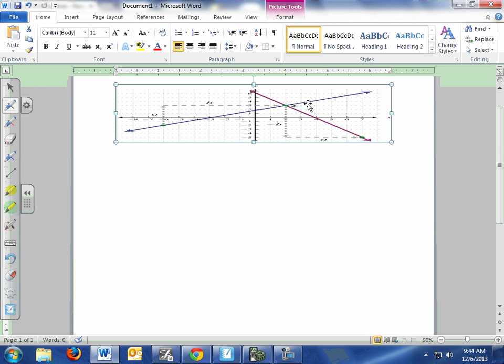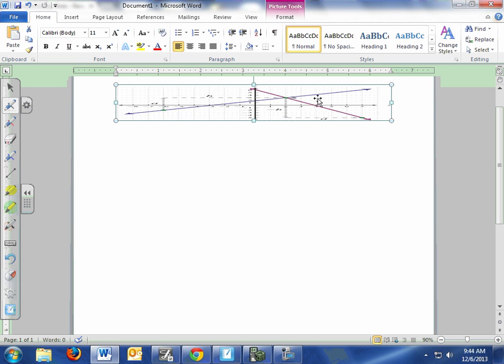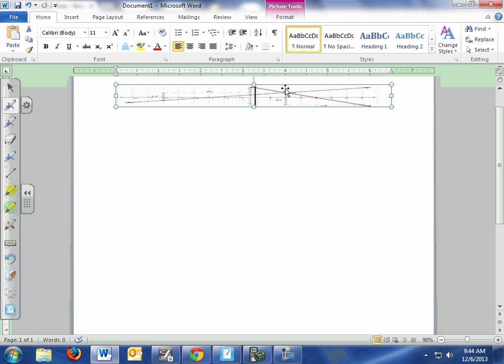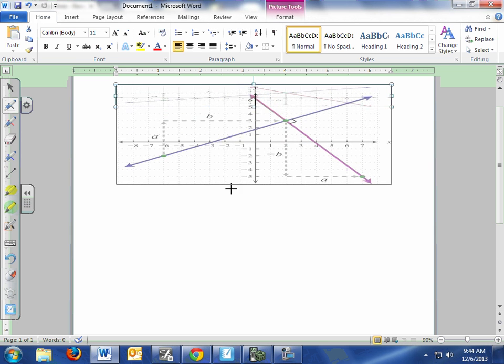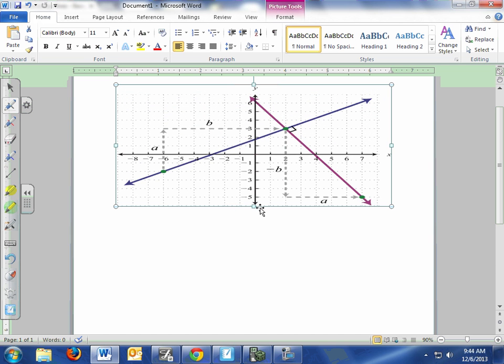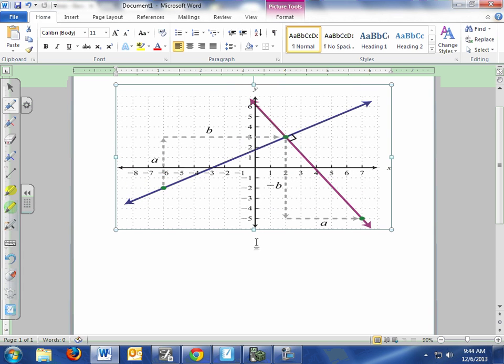Notice how the top angle is getting bigger. It looks like this right angle on the right is getting smaller. It keeps happening like that, even though these angles are 90 degrees. It's just a skewing of the image, which makes it tricky.